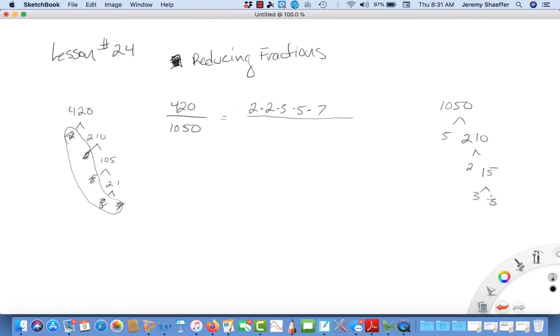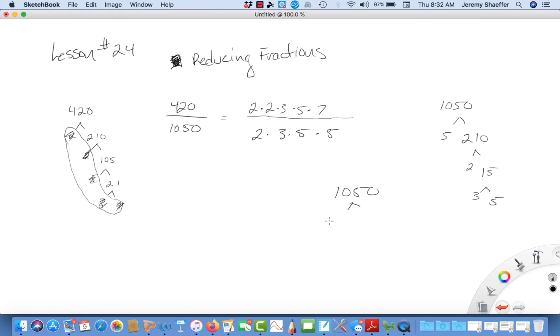Divide by 3 and we get 5. All right, so let's put this in order. 2 times 3 times 5 times 5. Seems like I'm missing something. I'm missing a 7. Let me redo this.